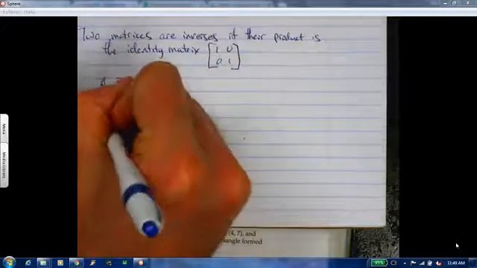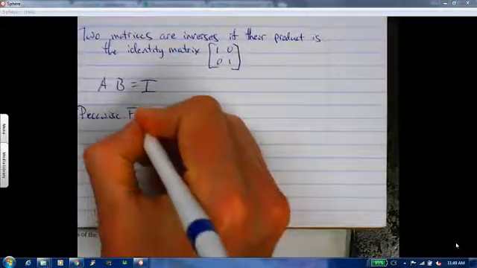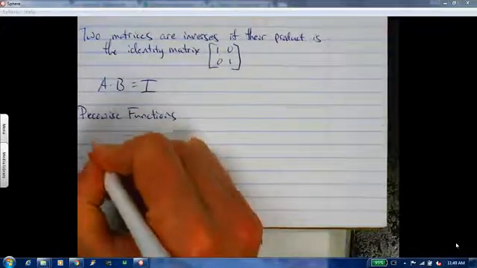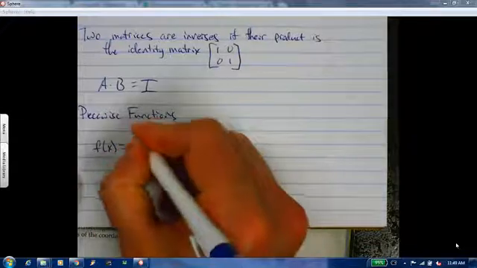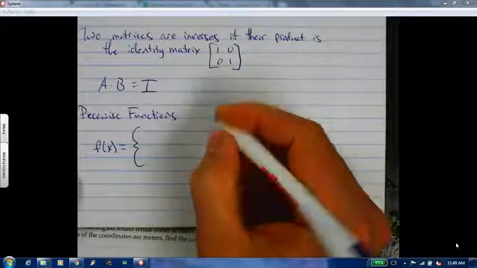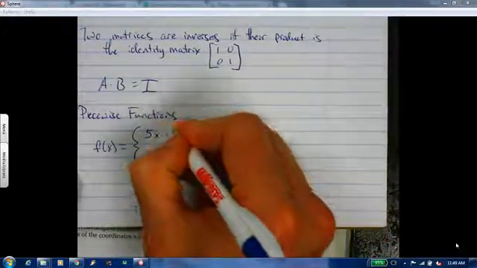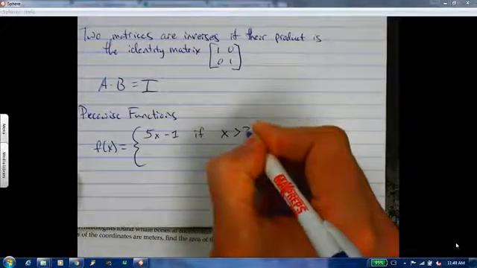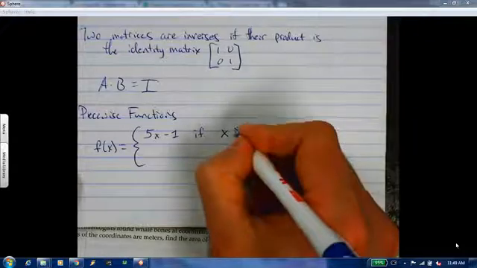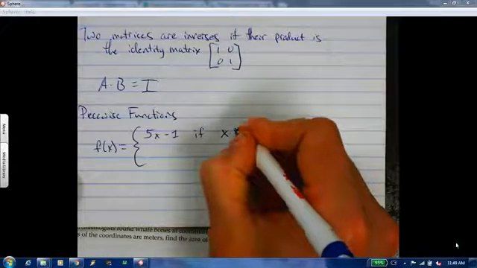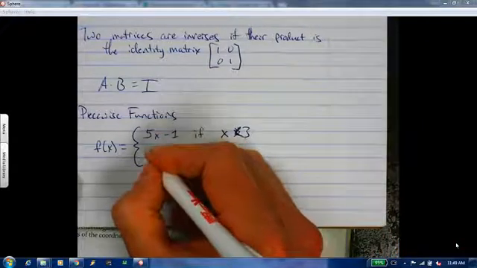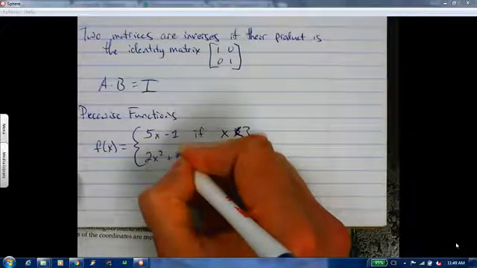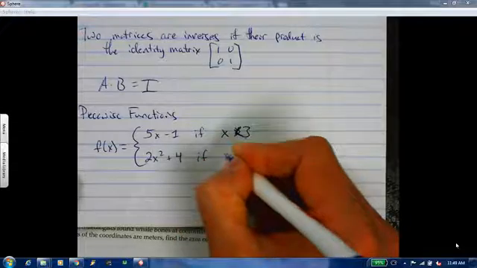Piecewise functions, evaluating piecewise functions. A piecewise function is when you have different pieces. So let's say f of x equals 5x minus 1 if x is less than 3, and equals 2x squared plus 4 if x is greater than or equal to 3.